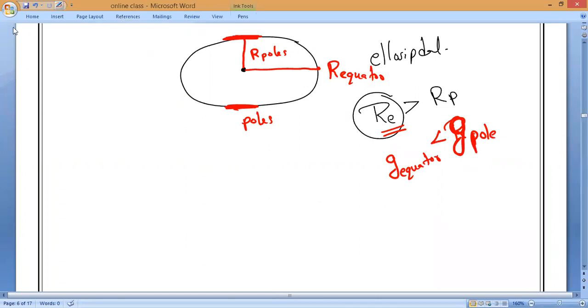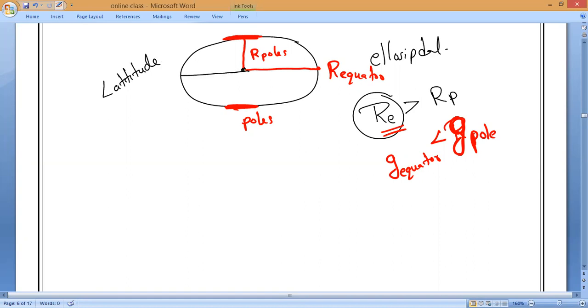Remember, that is the factor called latitude. The radius at the equator is greater.